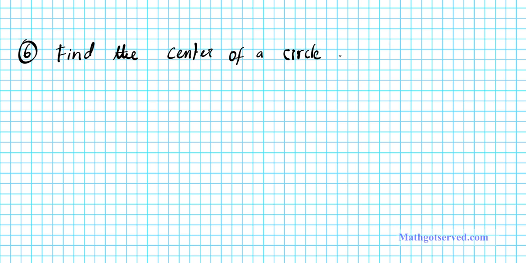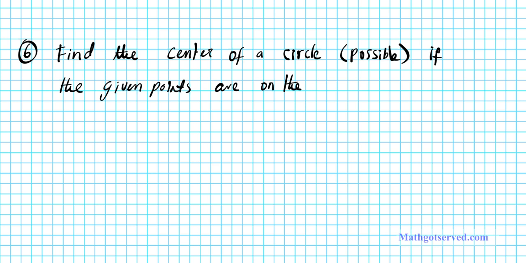We're looking for a possible center of the circle if the given points are on the circle. Okay, so the given points are (2, 3) and (5, 0).